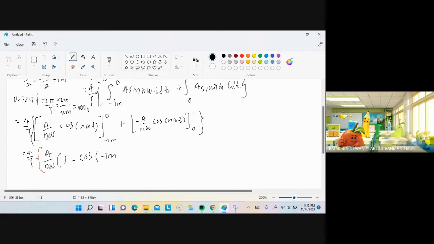Negative 1 milli times T, and omega is 1000 pi, and then you just put your n here, times n.